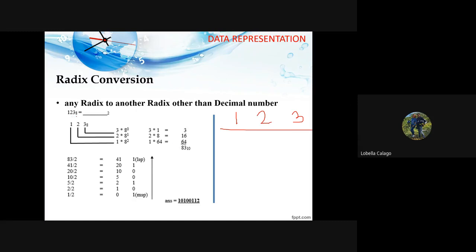Ang given is octal, we're dealing with octal. So, ibig sabihin, i-divide natin siya by 1. Kasi given siya eh. Pero, since it's octal, we're still dealing with 4 to 1, 4 to 1, 4 to 1. Ayan. Okay. First muna, 3.